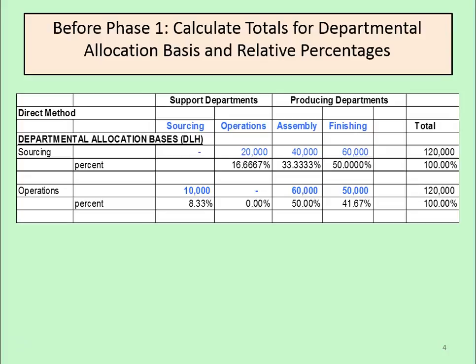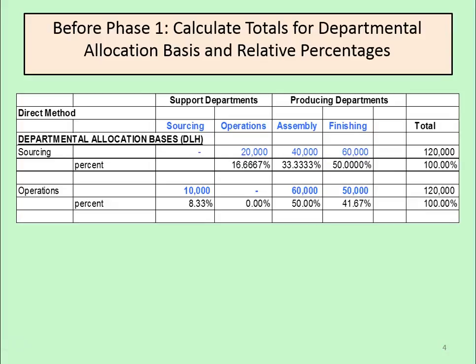So the sourcing department spends 20,000 of the 120,000 direct labor hours in its department helping out the operations department. That is 16.7%. Most of the time, 83%, is spent helping the assembly and finishing departments.